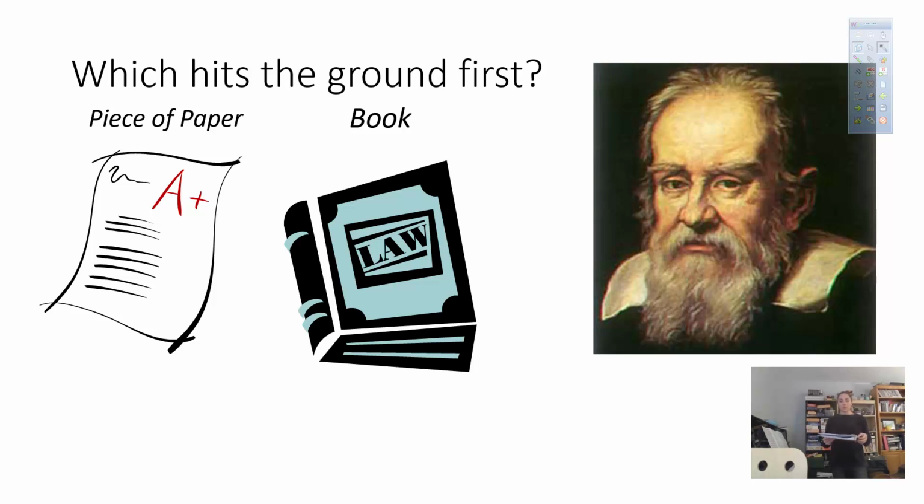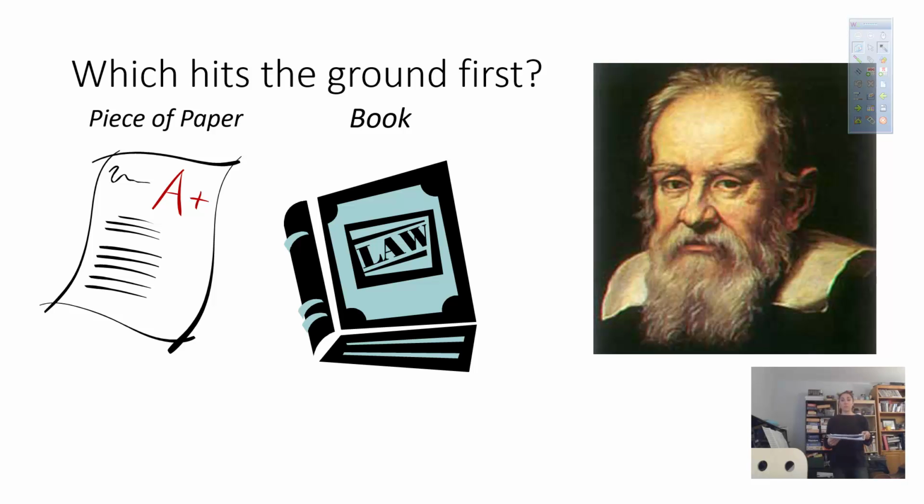Let's make a quick assumption before I do that. It's true that the paper is a lighter mass than the book. The book is heavier, so it falls faster than this light object, right? So what happens if I put the light object and the heavy object together? Would it do what it just did?